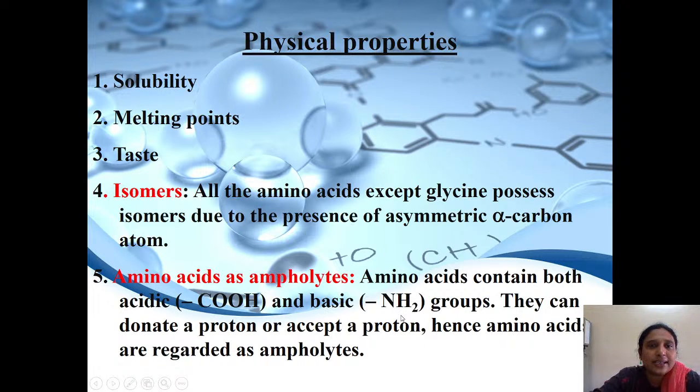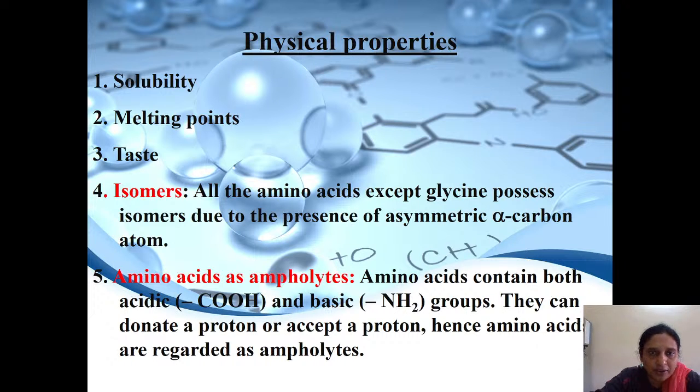Hence amino acids are considered as ampholytes, amphoteric in nature, since they have both acidic and basic properties.